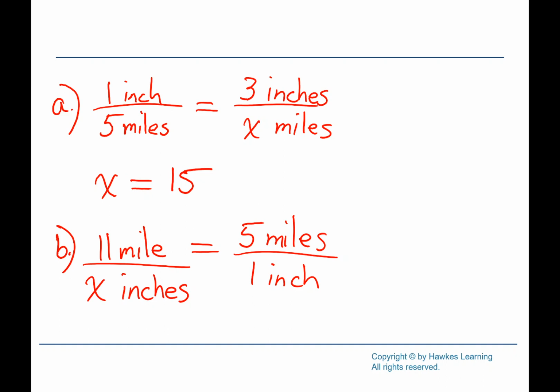And on this one, it takes us a little bit more effort to solve. We've got 5 times x is 5x. And 11 times 1 is 11. Okay. What do we do there? Divide both sides by 5, so we get 11 divided by 5. So let's see what that is as a decimal.